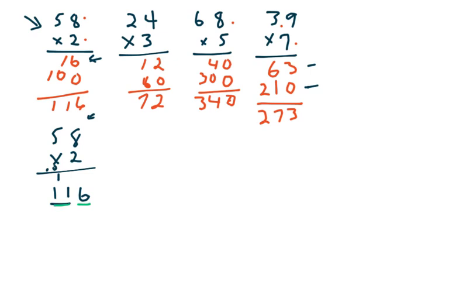Another way people do it, which is probably more common, is they multiply by this problem. 2 times 8 is 16. They put the 6 down for the 16, and they put the 1 above the 5, knowing I've got to add 1 more when I get the answer. So 2 times 5 is 10, plus 1 is 11.